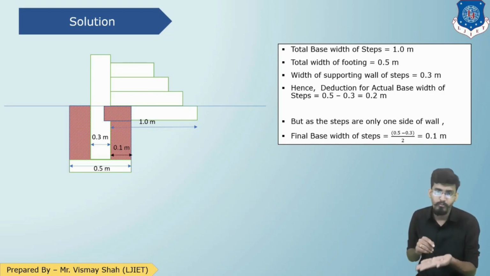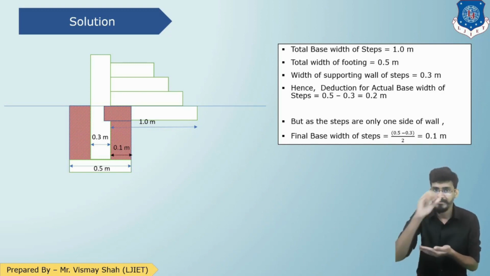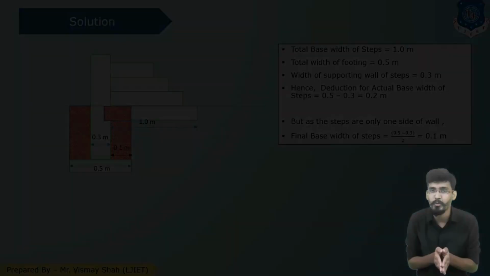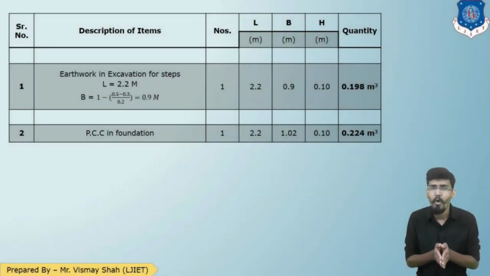Because the bottom PCC is going to be here, and the strip footing is going to be here, there is no common part in PCC. There was a common part only in excavation. So here the original width of the step will be 1.02, and the thickness of that footing is 0.1. So we'll get the quantity as 0.224 cubic meter. I hope we are clear up to this point.